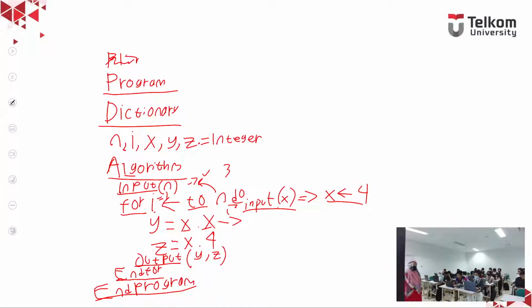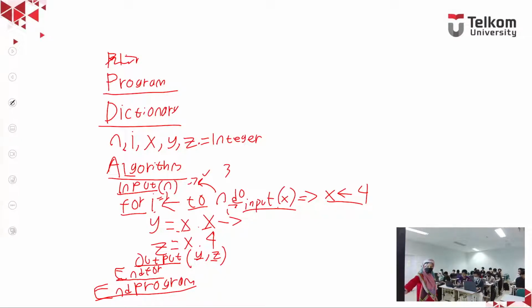Okay. After that, we calculate the area and the perimeter. Plus, we output the area and the perimeter. The area and the perimeter are for each square, right? So it is inside the loop block. So all of these are executed.